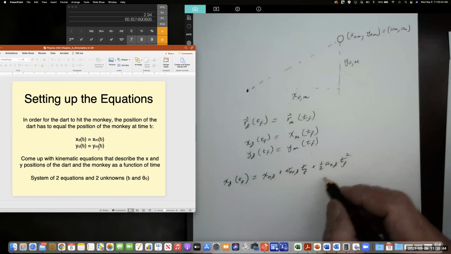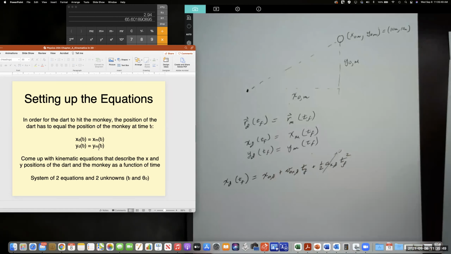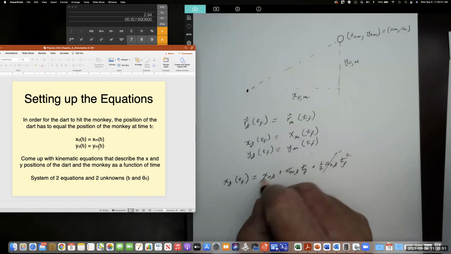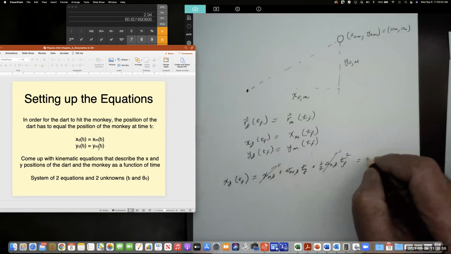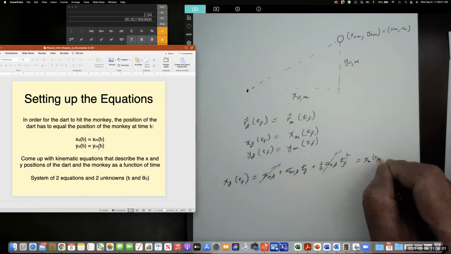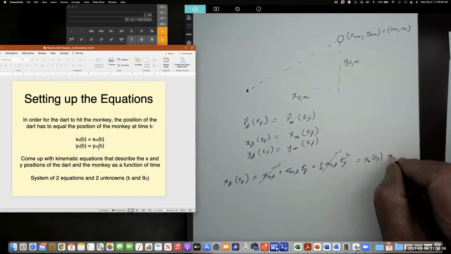This, of course, is free fall, so this is 0. There's no acceleration in the X direction. And X0 dart was 0. And this has to equal X monkey at T final, but there's no motion in x, so that's just x0 monkey.